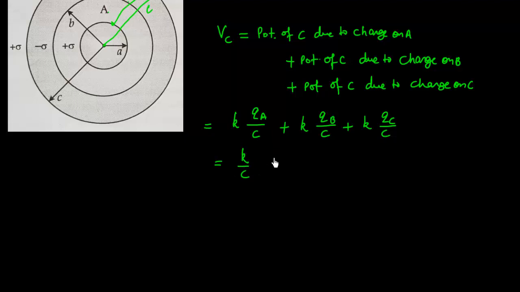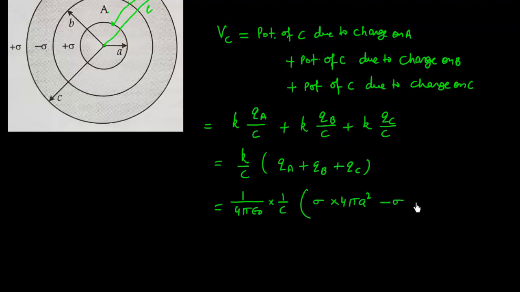K by c is common, times QA plus QB plus QC, and thus we can say 1 upon 4 pi epsilon naught into 1 by c, and this equals sigma into 4 pi a square minus sigma into 4 pi b square plus sigma into 4 pi c square.